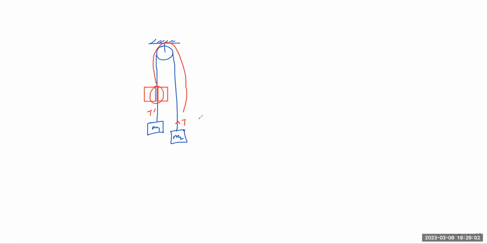So let's say M2 is going down with acceleration A, M1 will go up with A, but the tension will be quite different. It is T dash. It is no longer T.